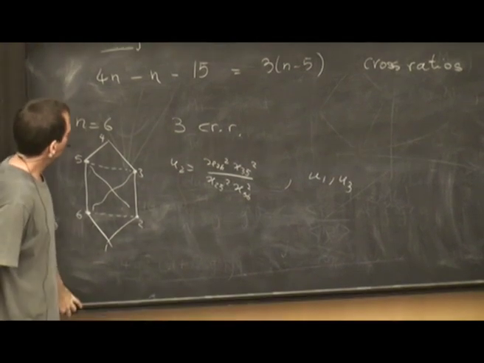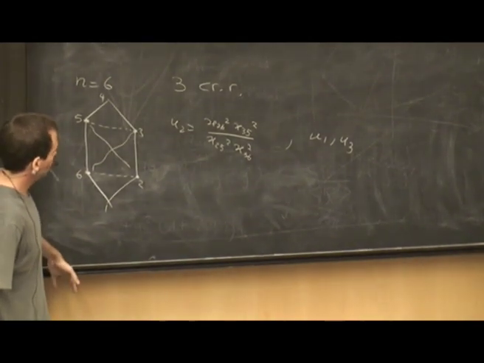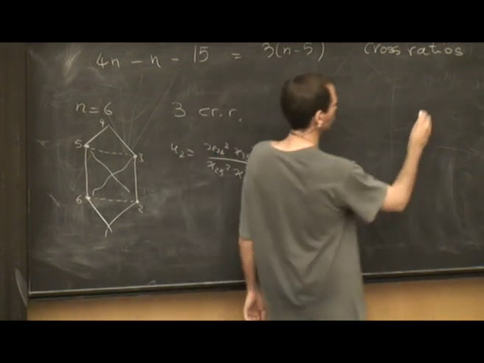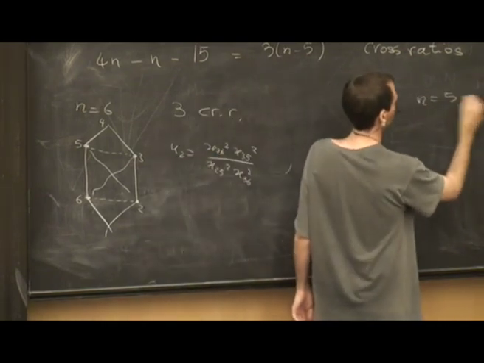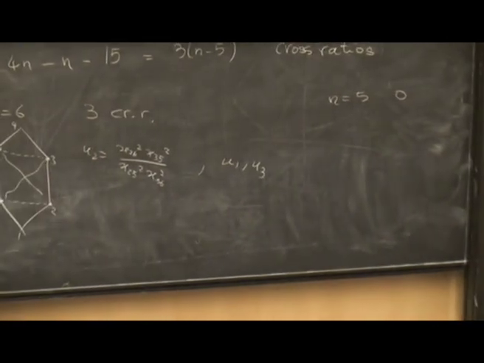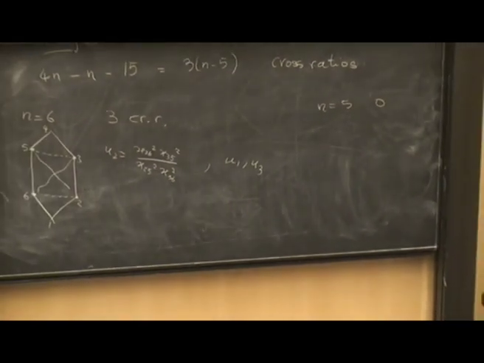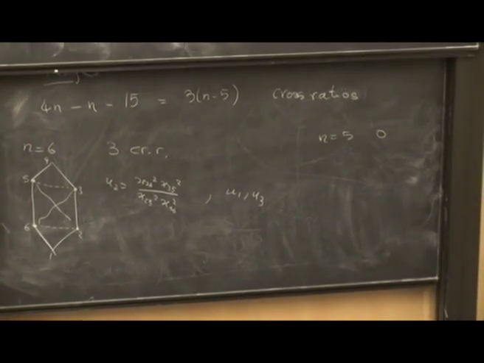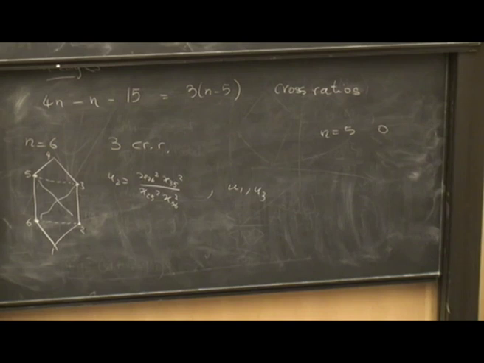So we jump ahead to n equals 6, but what about n equals 5? So n equals 5 gives us 0 cross ratios. This means that the pentagon is a unique object, if you want. If you choose one, I choose another one, there is a conformal transformation that relates them.